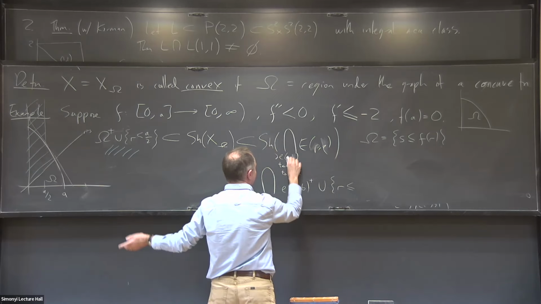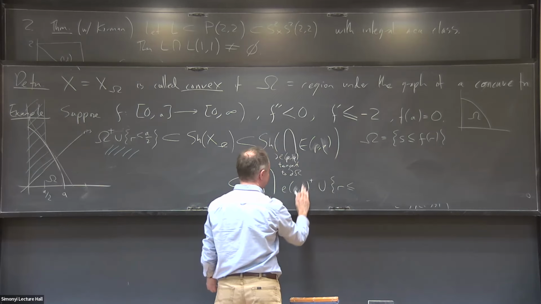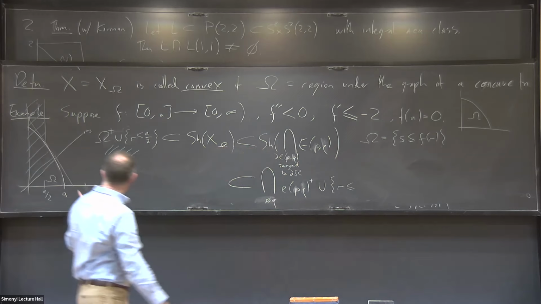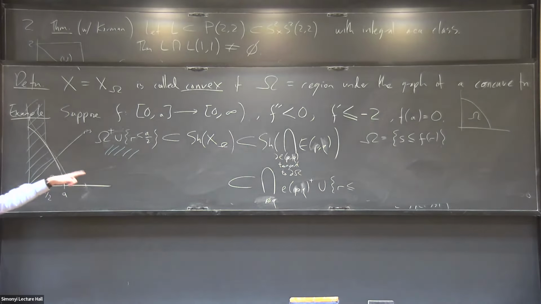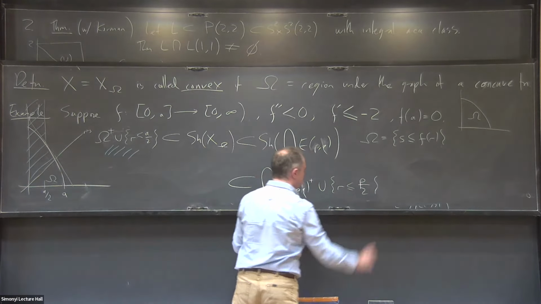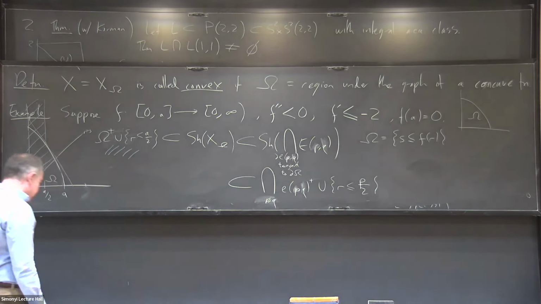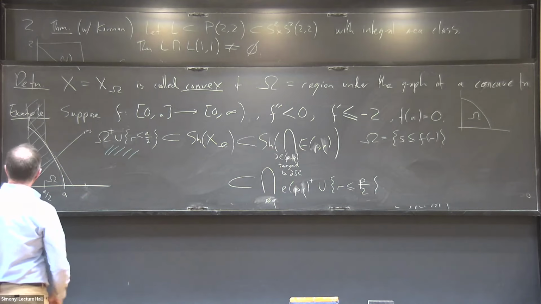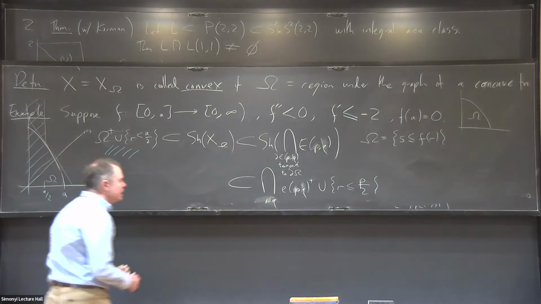I've decided on A as being the point. So then P over 2. That's an upper bound on the shape, and it turns out there's not a huge difference between these two things. So let's say this is yellow.